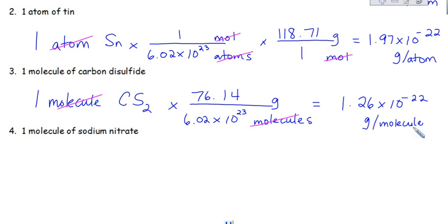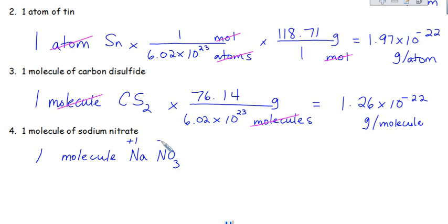So if you like the shortcut, you can do it all in one. I'm totally fine with that. You're still showing me the same information. 1 molecule of sodium nitrate. Now this one is ionic because sodium's a metal. So I look up its charge. And then I need to have my polyatomics handy.